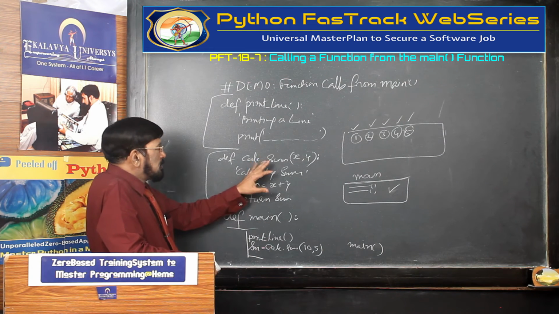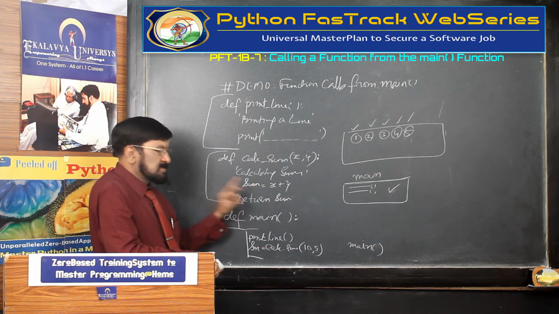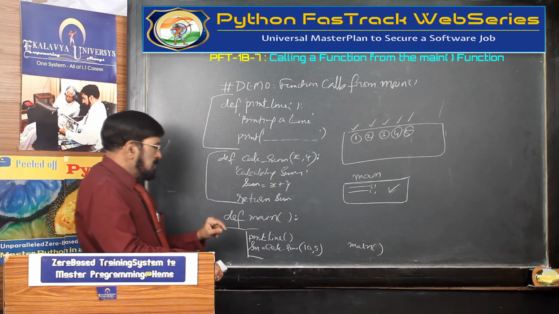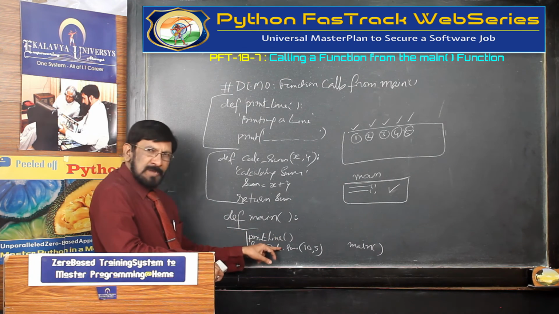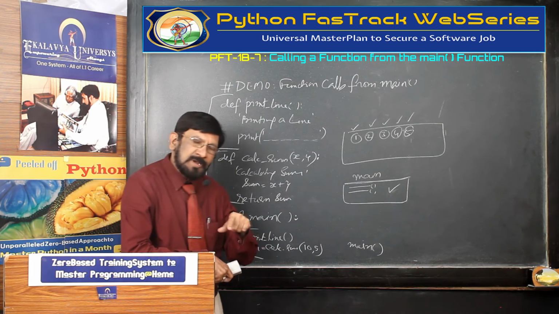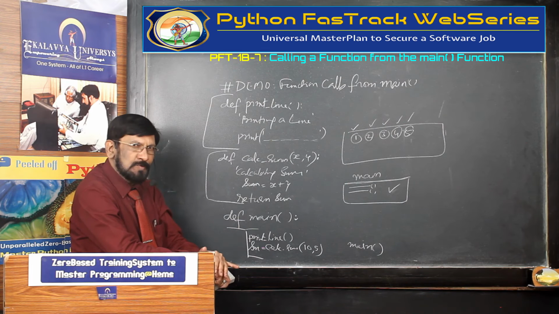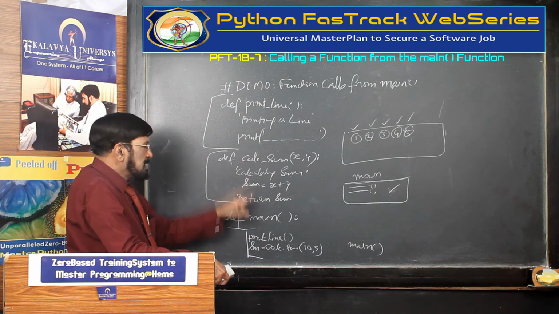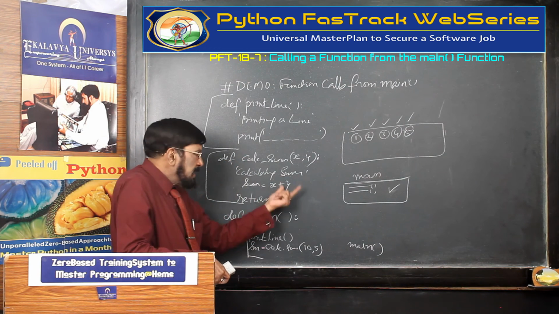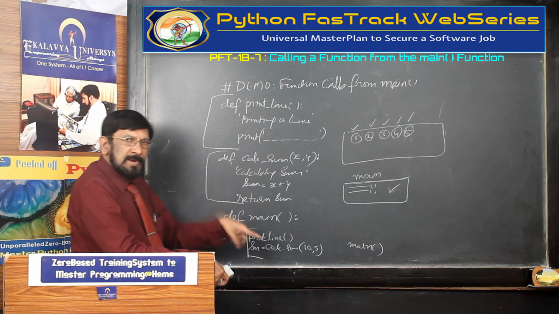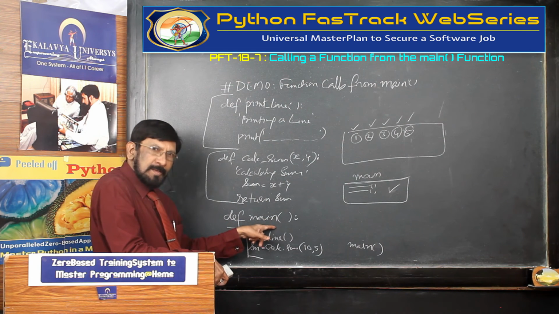Once again, I may explain with reference to this. Here, two function definitions are there. According to our principle, function calls are made here. As soon as function calls are made, they should be executed and give the result. That's what I told you. But in the previous program, we called directly. Here, we are calling indirectly through main.